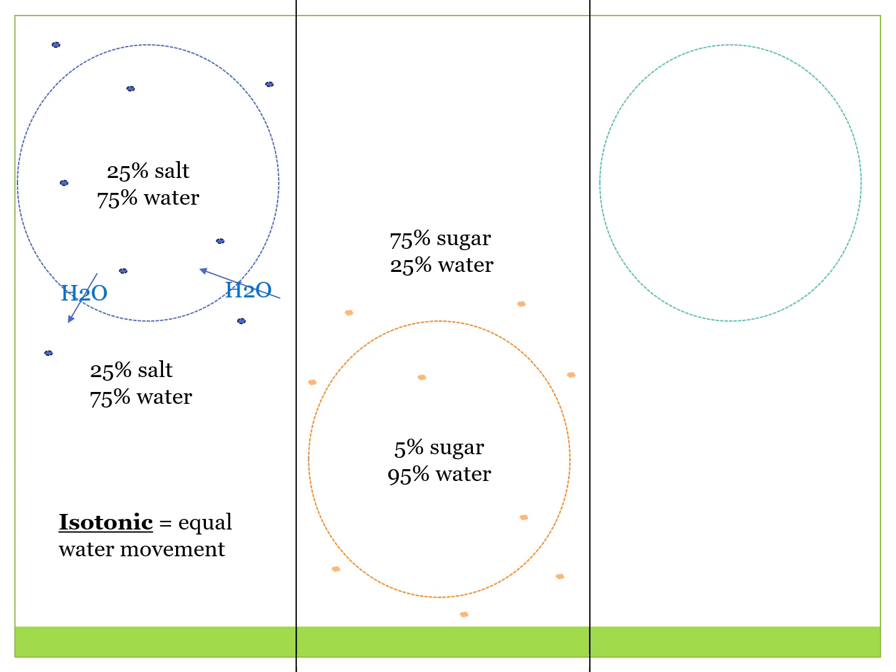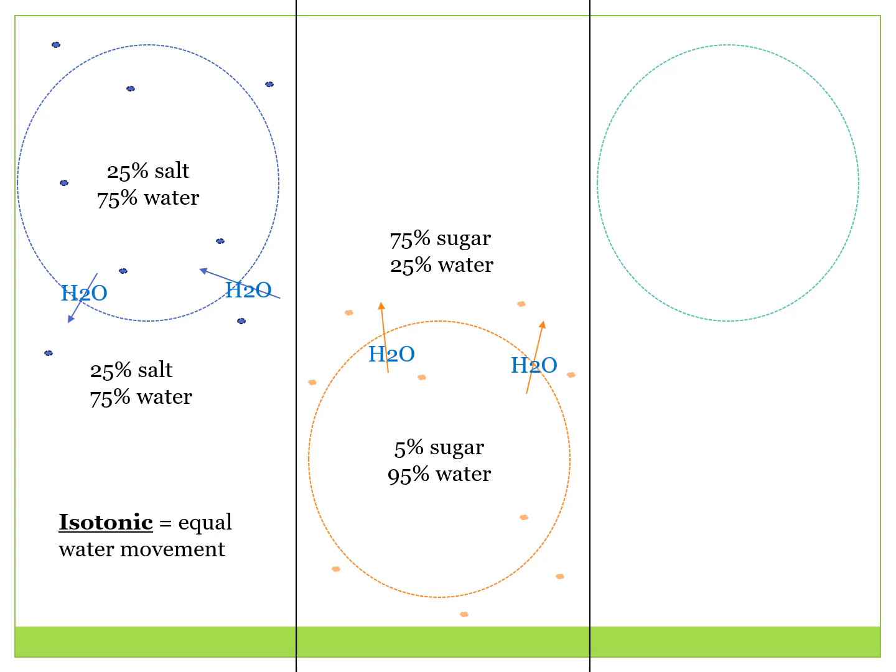There is more water in the cell than there is outside of the cell. This is a very important thing to make a note of. We also have less solute, or stuff, inside of the cell. There are more solutes outside of the cell. This means that water is going to move out of the cell because water is going to move where there is less water.